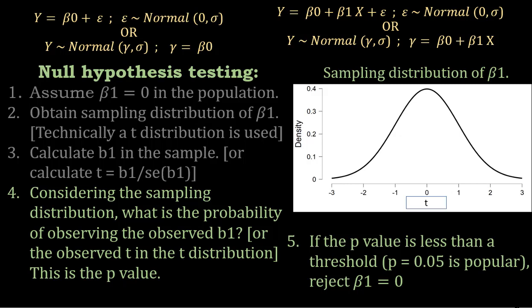And because it's very, very unlikely, then we reject the idea that it comes from a population with beta 1 equals 0. So we support the idea, but we don't prove, we just support the idea that it comes from a population in which beta 1 is different than 0.